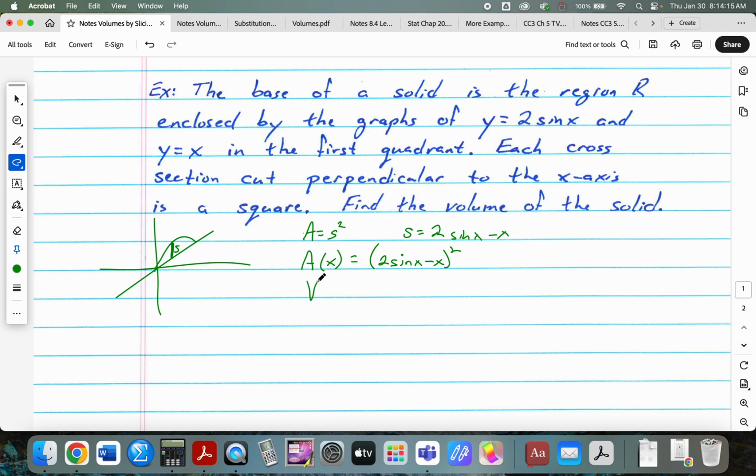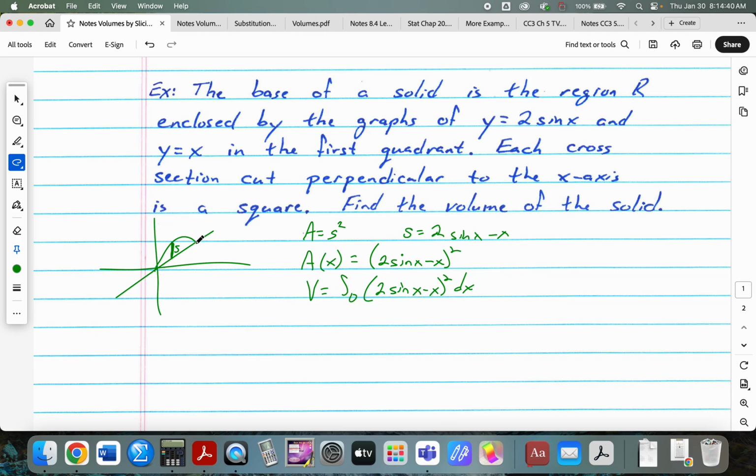So then our volume will be the integral, and we'll worry about the limits of integration in just a moment, of the area, 2 sine x minus x quantity squared dx. I think it's pretty clear that they intersect at the origin.